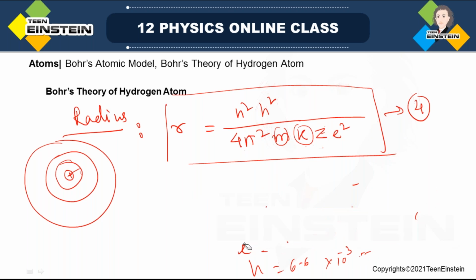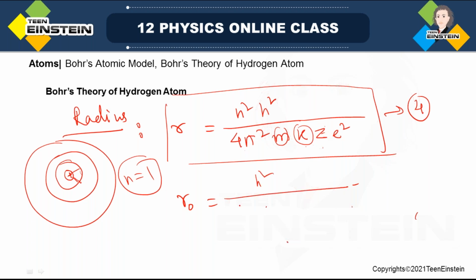If you put Z equal to 1 and keep n as it is, then r0 means the ground state, the radius of the first Bohr orbit when I put n equal to 1. This is called r0, also called Bohr's orbit.